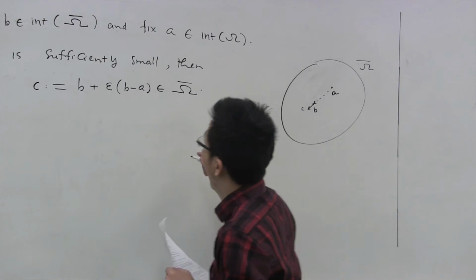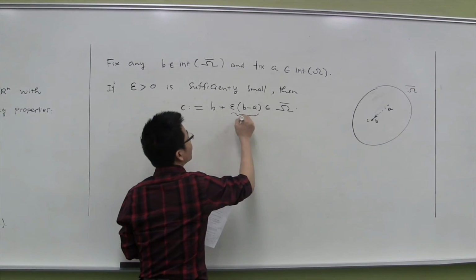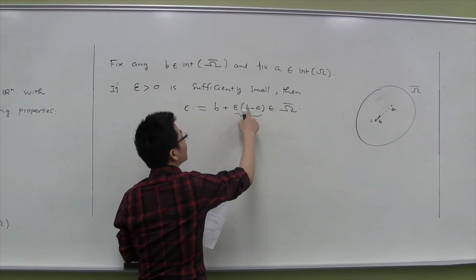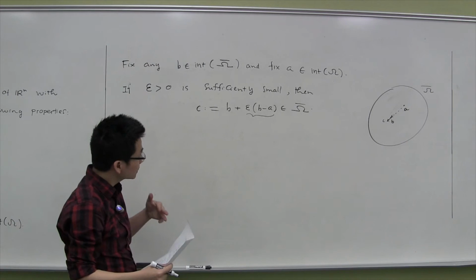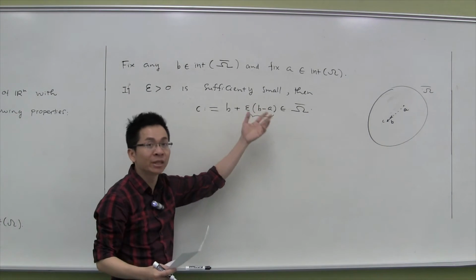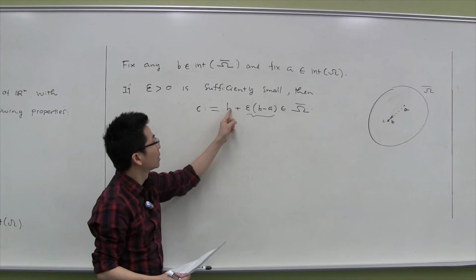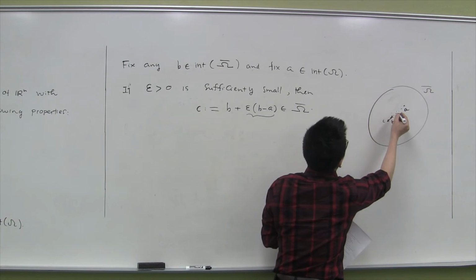Because when epsilon is small, epsilon times (B minus A) can be made such that its norm is arbitrarily small. So it will be in the closure of omega.